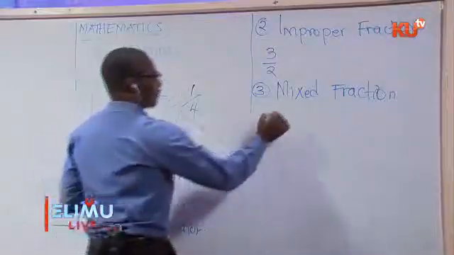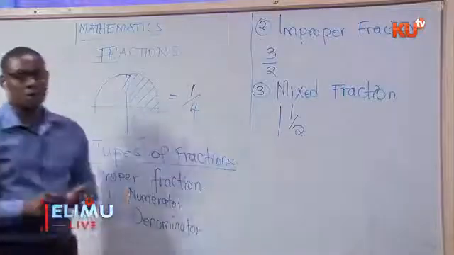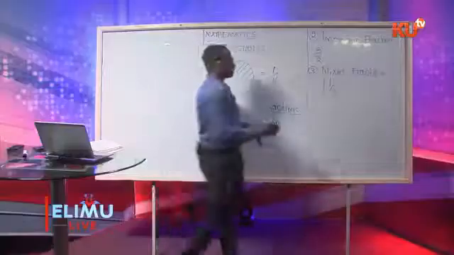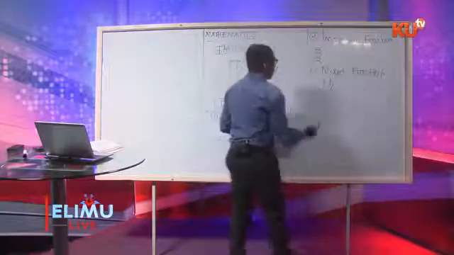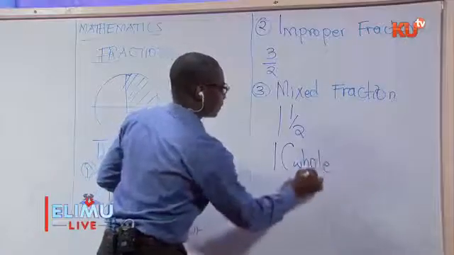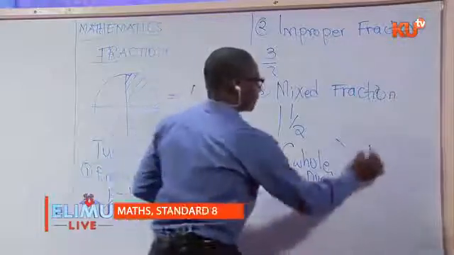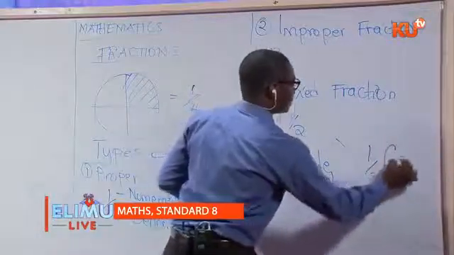For example, 1 1/2 is an example of a mixed fraction whereby 1 is the whole number, and then a half, in this case, is the fraction.